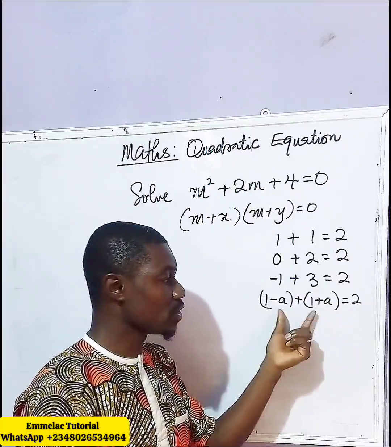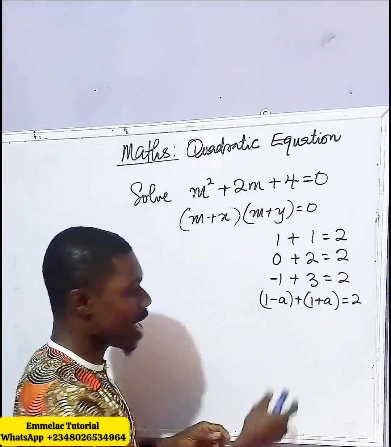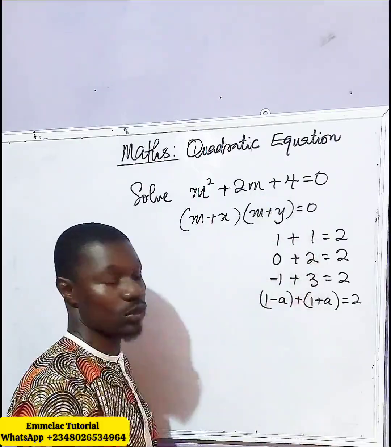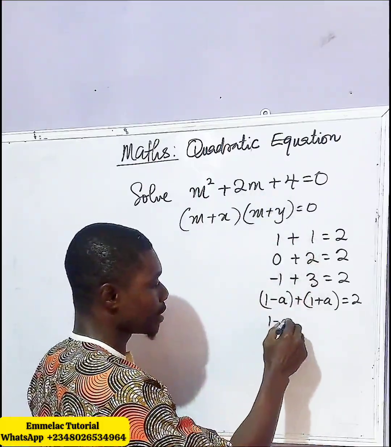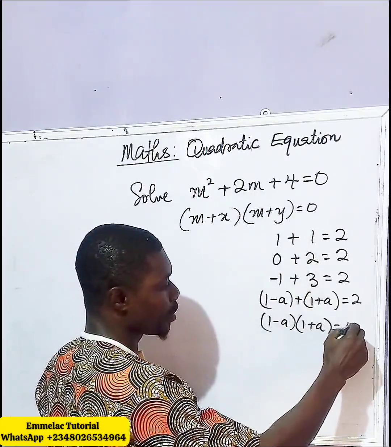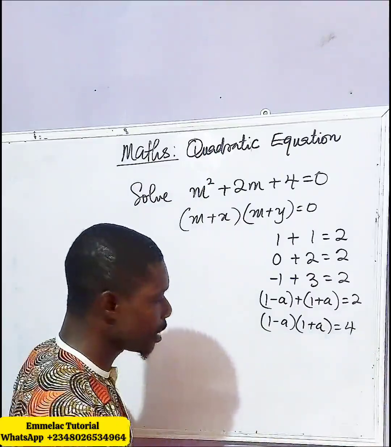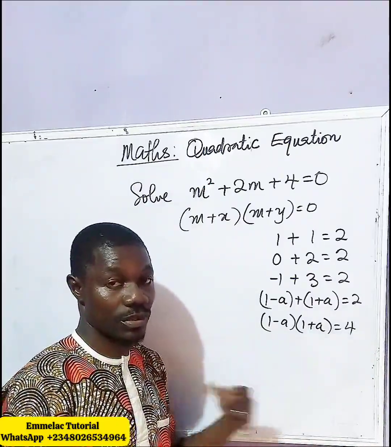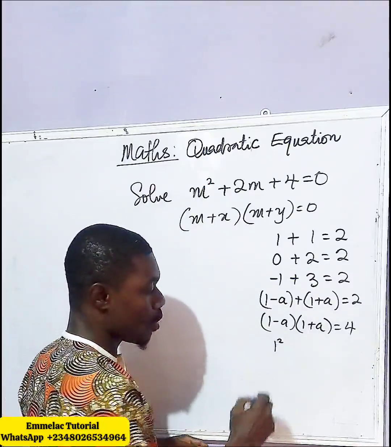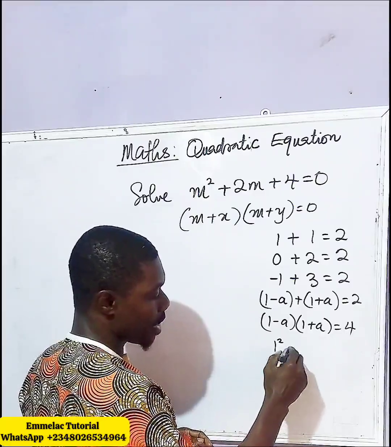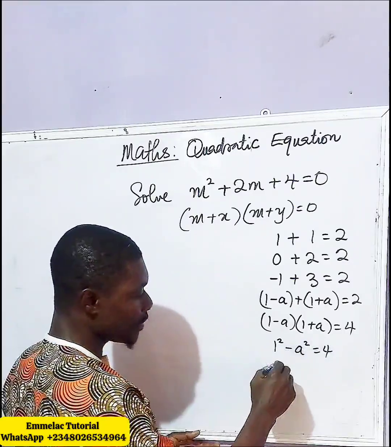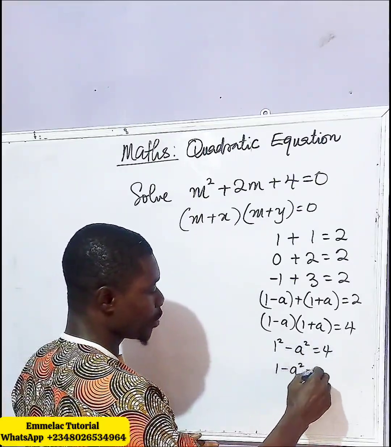So the two terms give us 2, and when we multiply these same two terms, they should give us 4. So 1 minus a into 1 plus a should be 4. This is similar to the difference of two squares, so we have 1 squared minus a squared equals 4, giving us 1 minus a squared equals 4.